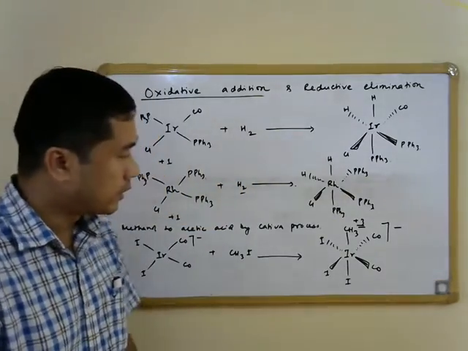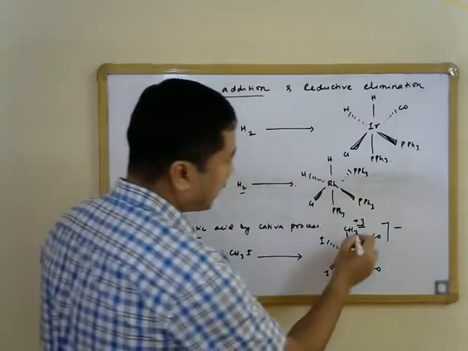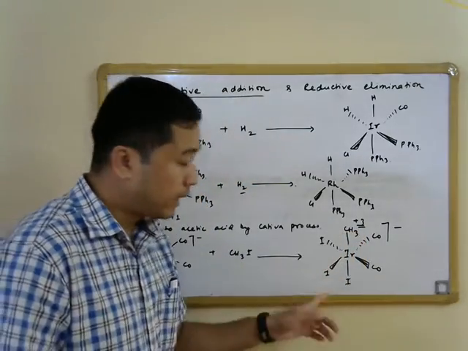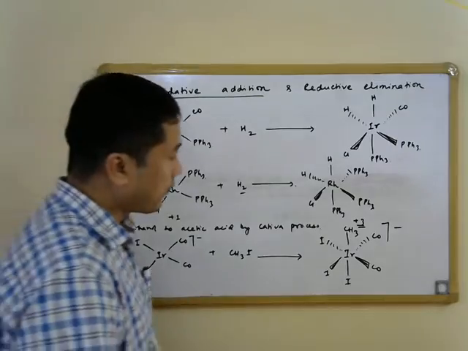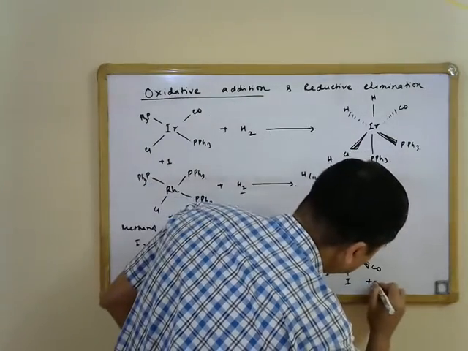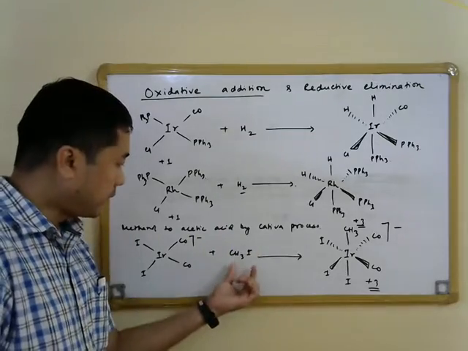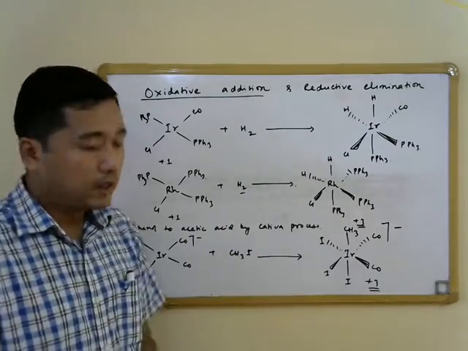If we look at the oxidation state, because now we have anionic ligands, methyl and iodide, the oxidation state of the iridium metal here is again +3, and we have oxidative addition of methyl iodide taking place during this reaction.